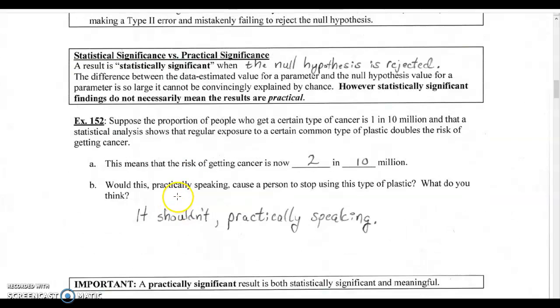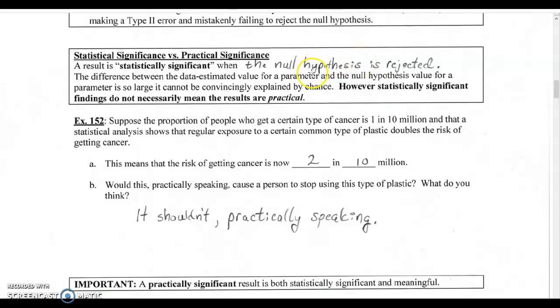All right, the last thing about understanding some minor details about hypothesis testing is to understand the difference between statistical significance versus practical significance. So a result is statistically significant when the null hypothesis is rejected, because that means we had enough data to go ahead and say that we should reject the null and support the alternative.